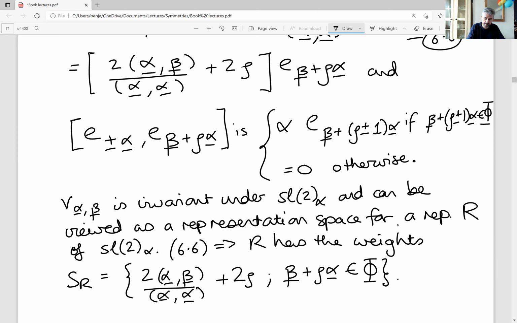So this equation here between E plus or minus alpha and the other E, I'm going to call 6.7. So 6.7 implies that each of these weights has multiplicity 1.